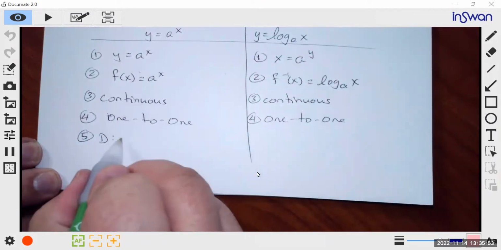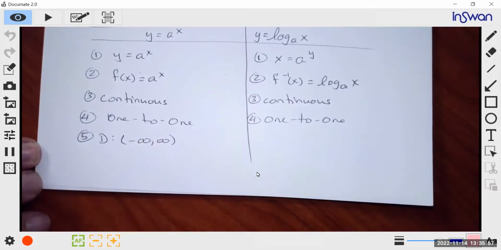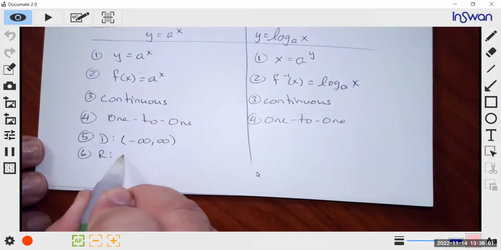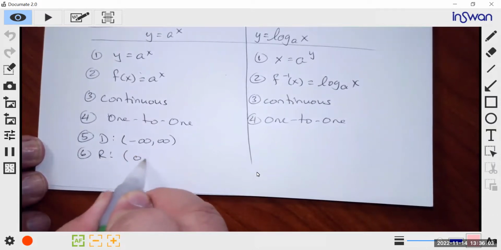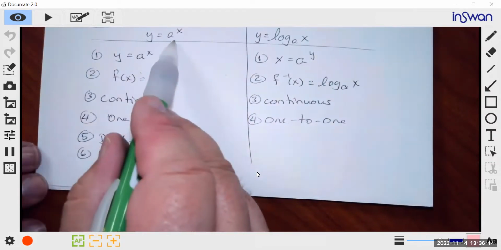The domain of exponential functions is negative infinity to positive infinity. The range is all the positive y's. It has to be greater than 0. That's the exponential function.